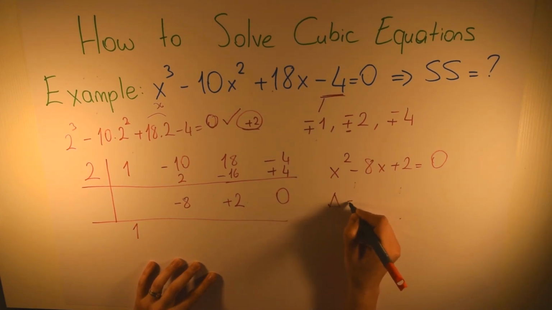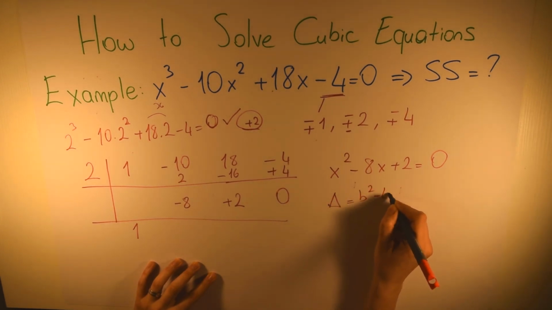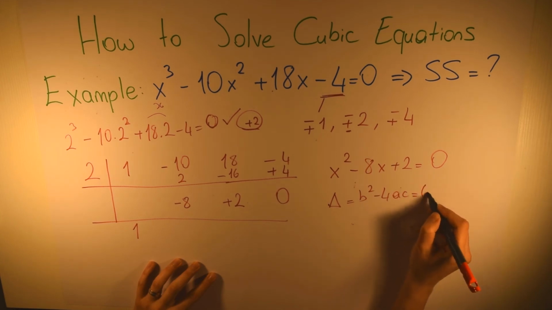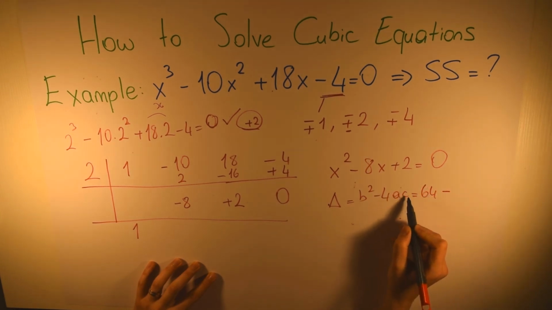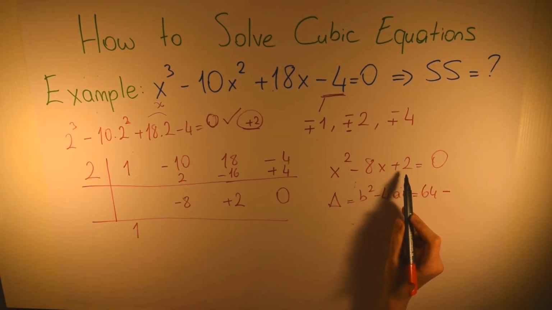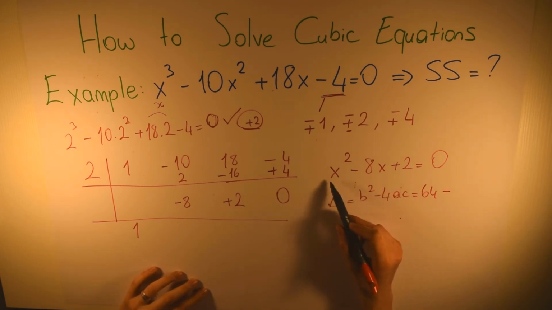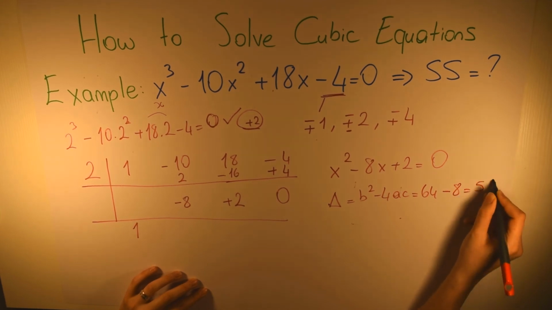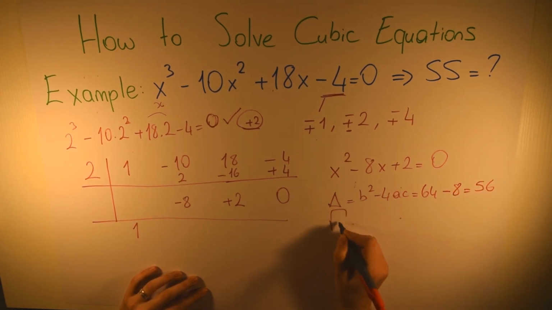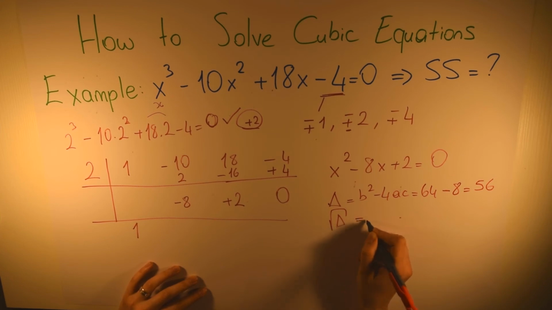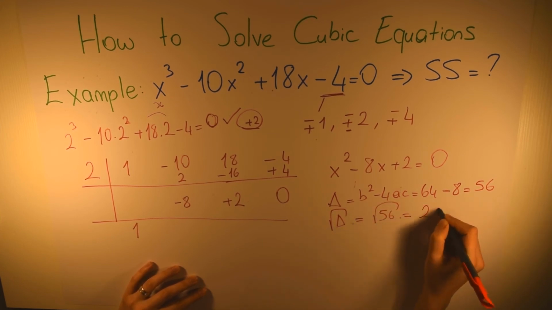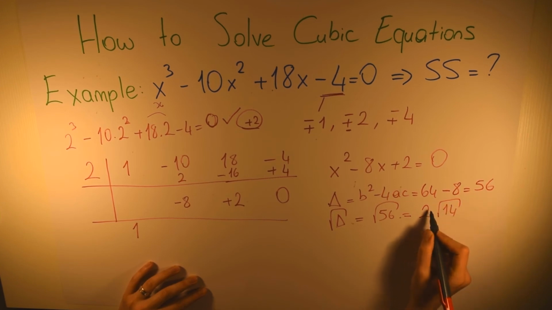It is equal to b squared minus 4ac, which is 64 minus 4 times 2 times 1, which is 8. So it's 64 minus 8, which is equal to 56. So the square root of our discriminant is the square root of 56, which is equal to 2 times the square root of 14, because 4 times 14 is equal to 56.